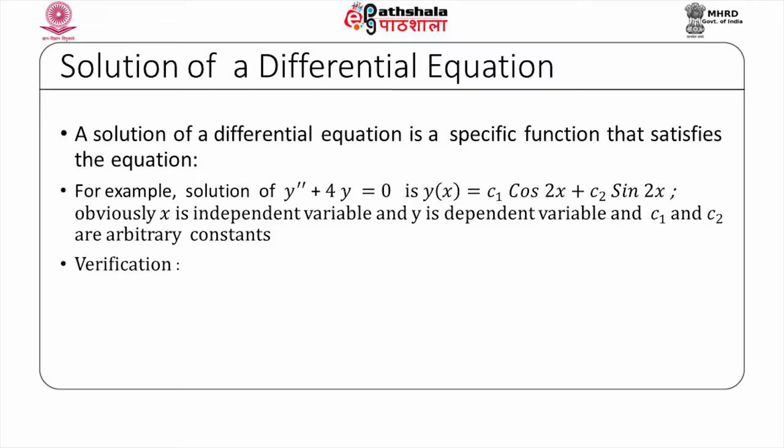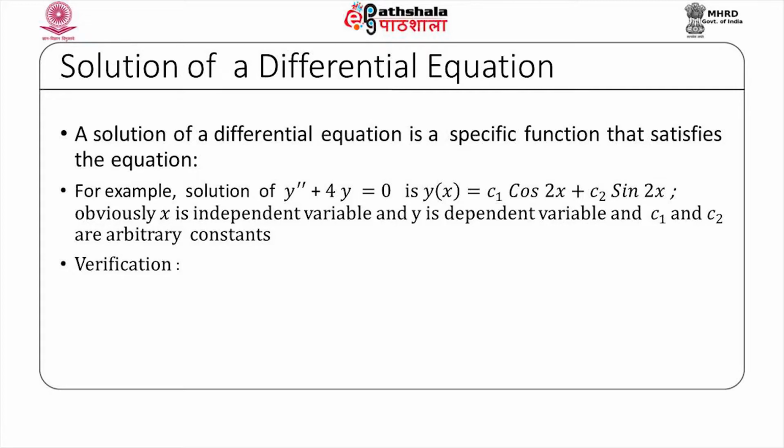If we want to verify this as a solution, it is very simple: differentiate y, because we want to see that this y fits that equation. The equation is y double dash plus 4y equal to 0, and y is given by this function. So, differentiate y with respect to x. So, y dash is c1 as it is, the derivative of cos is minus sin, a function of a function, cos of 2x.